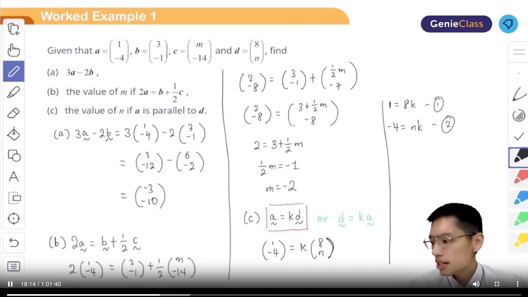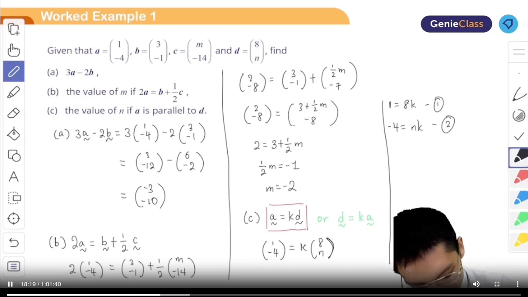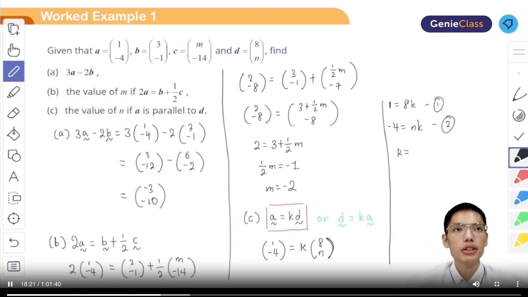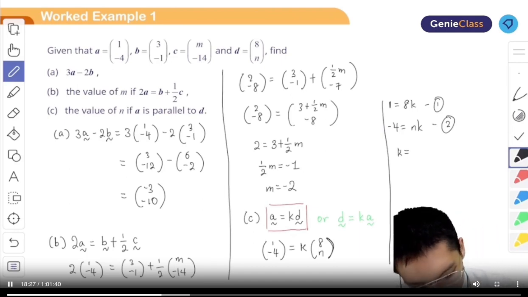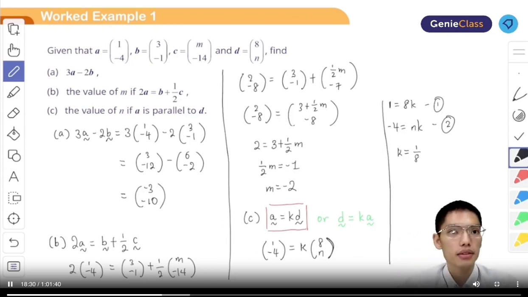If I were to solve for k first, because the other one has 2 variables, what we want to do is convert one of the equations such that we are only solving for 1 variable. So k, if you solve for it, is 1 over 8.